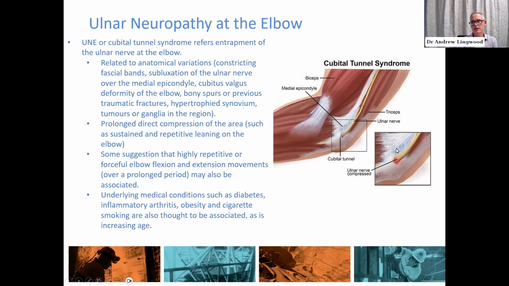I'm not sure if you can see my mouse on the screen, but these white areas around it form roofs of these tunnels and things like that. They can be more pronounced in some people, and they can be more likely to press on the nerve. If you've had any broken bones or fractures around the elbow and you've been left with a bit of deformity in the elbow, or if you've got tumours or ganglions in this area, so if there's anything in this area that's taking up some of the space, that can contribute to this condition.